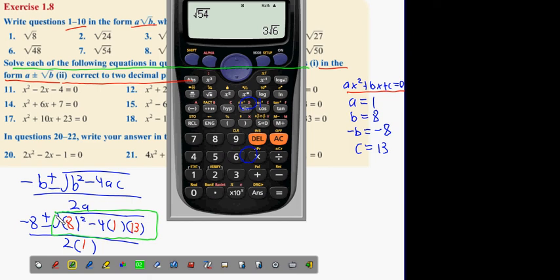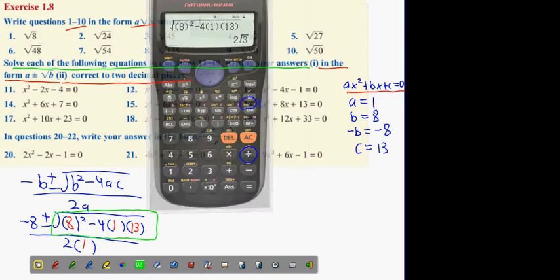So we say, square root of 8 squared, so open your brackets, minus 4, bracket 1, bracket 13. Once you're done that, the answer to the green part is 2 root 3.